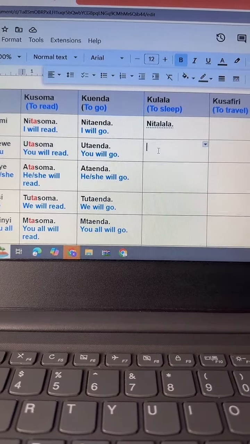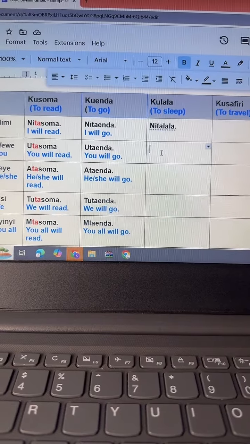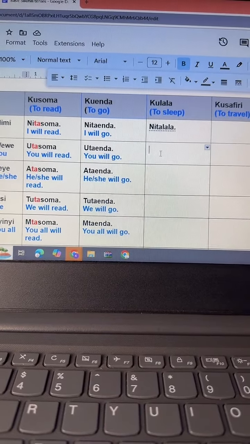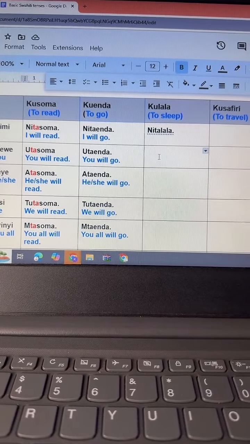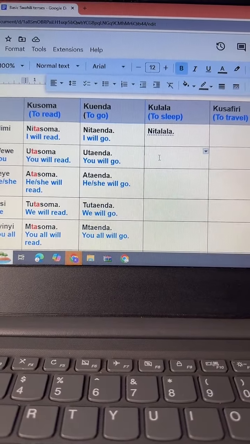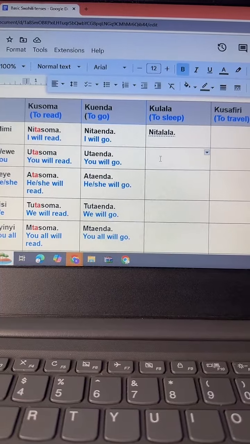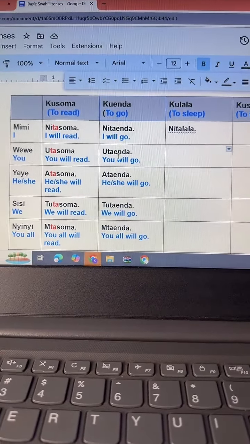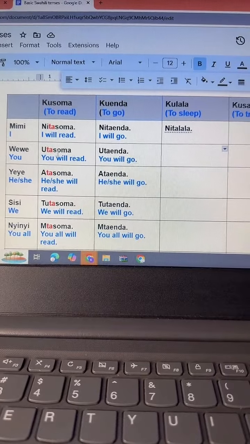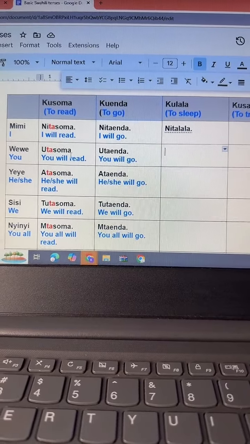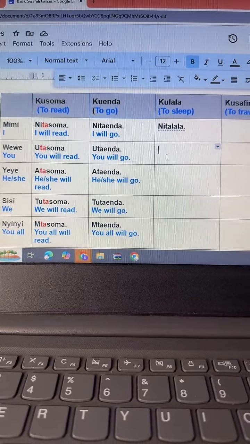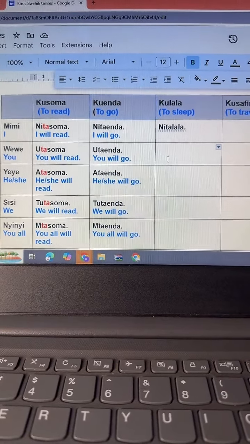Looking here, nitalala means I will sleep. Atalala means he or she will sleep. But we want to say wewe. Just follow the example here. Wewe utaenda, utasoma. Kuenda will be utaenda. Kusoma, utasoma. What about kulala? How will that be?